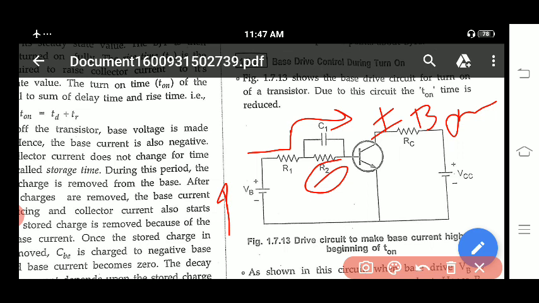Once this C1 is charged, it works like a block. It blocks the IB current flowing through it. Current starts to flow from VB to R1, R1 to R2. Then IB decreases from IB peak to IB.